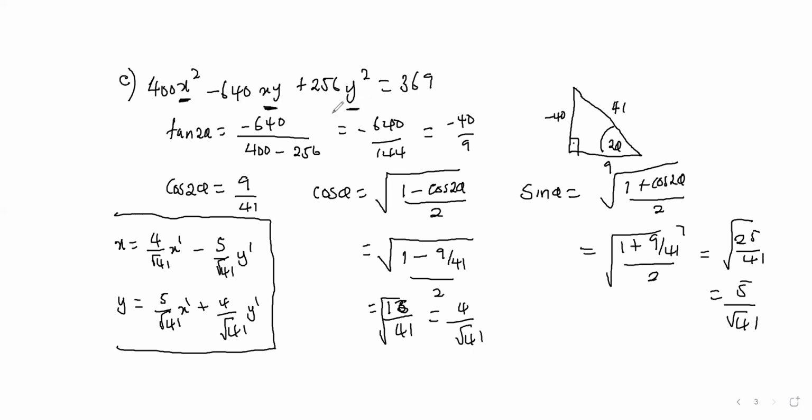And after you work out numbers, then you divide by 369. And then you'll see that everything will be coming out until you're able to sketch. So this is your first task.